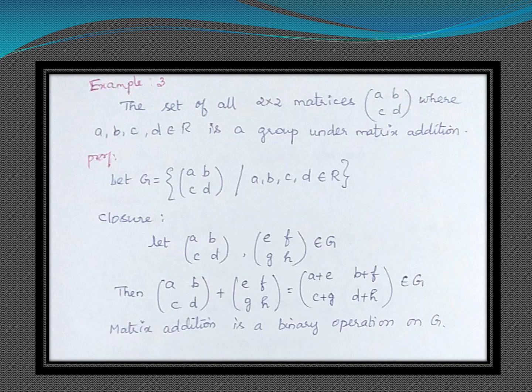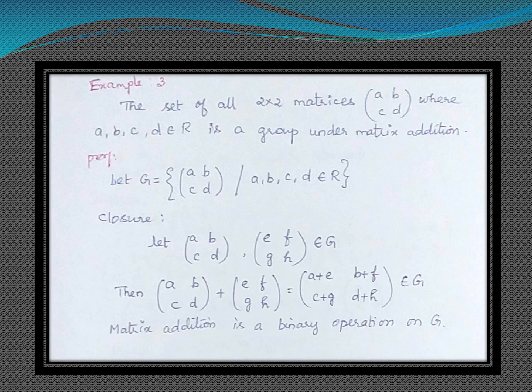Example number 3. The set of all 2 by 2 matrices of the form a, b, c, d, where a, b, c, d belong to R, is a group under matrix addition.